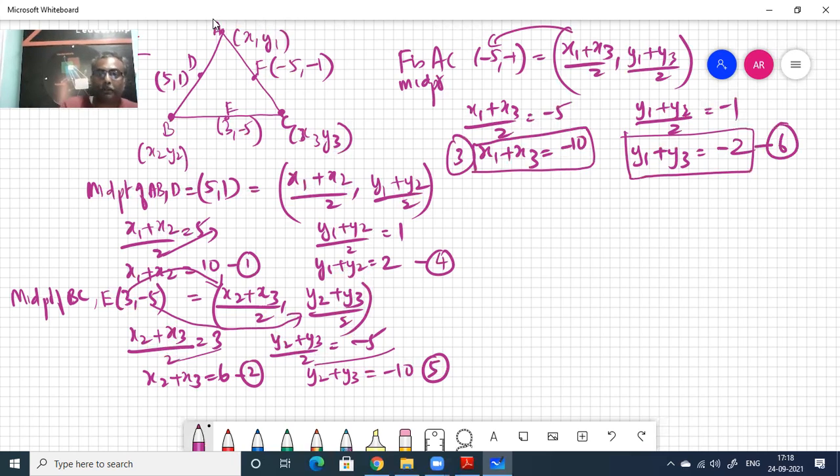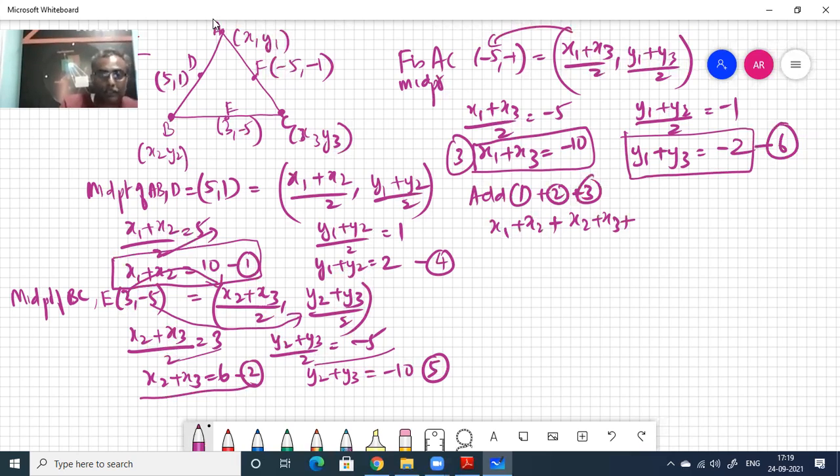Now what you have to do is add 1, 2 and 3. What you are getting: x1 plus x2 plus x2 plus x3 plus x3 plus x1 is equal to 10 plus 6 minus 10.